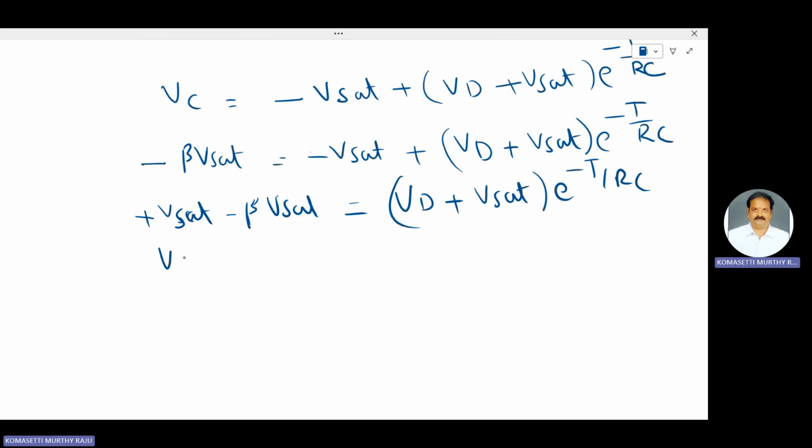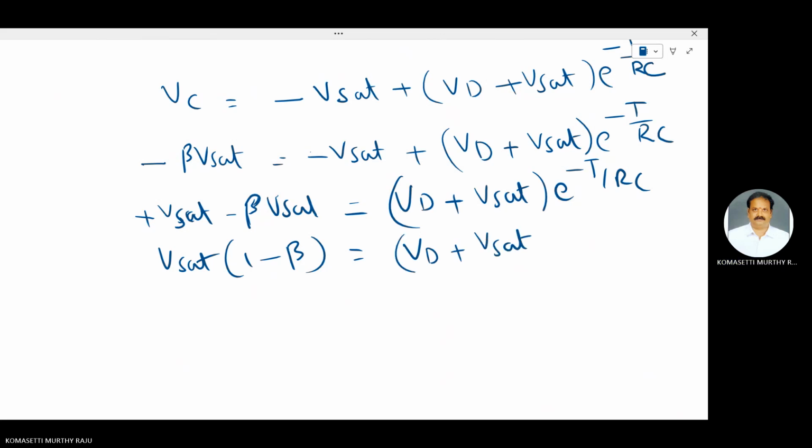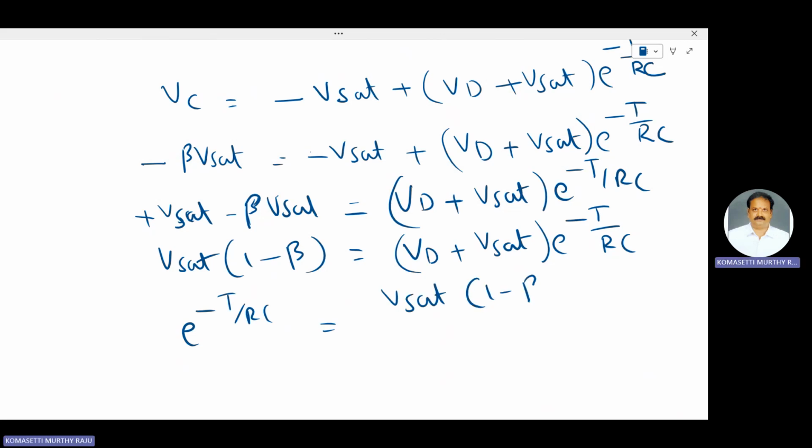This one is Vsat into 1 minus beta, equal to Vd plus Vsat e power minus t by RC. So e power minus t by RC is equal to Vsat into 1 minus beta by Vd plus Vsat.